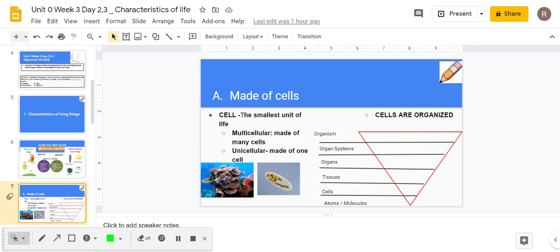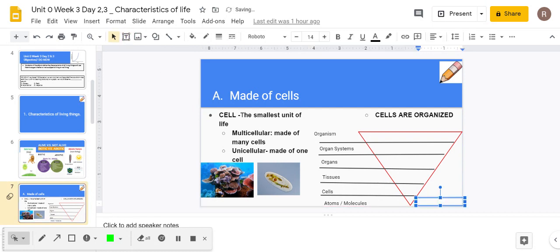If we were to take your entire body and break it down all the way, we would end up with atoms and molecules. So you start down here at the smallest point. Atoms and molecules are the smallest units, and we work our way up.